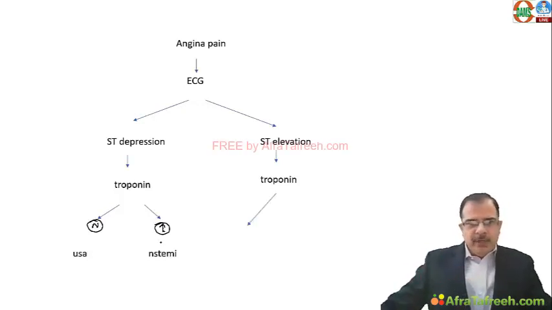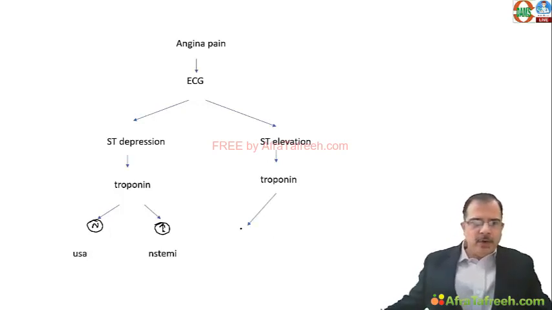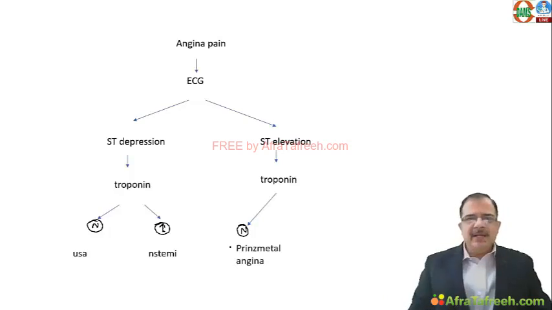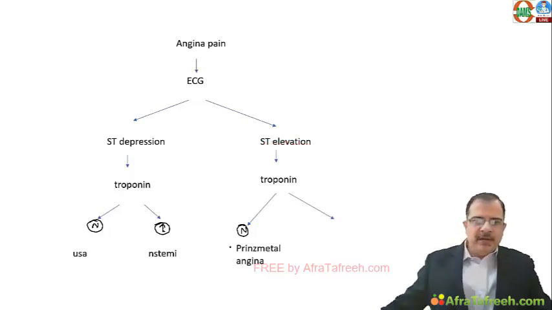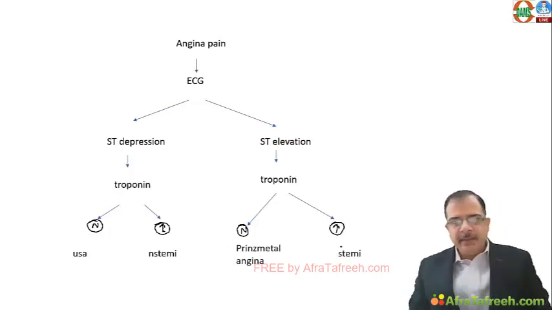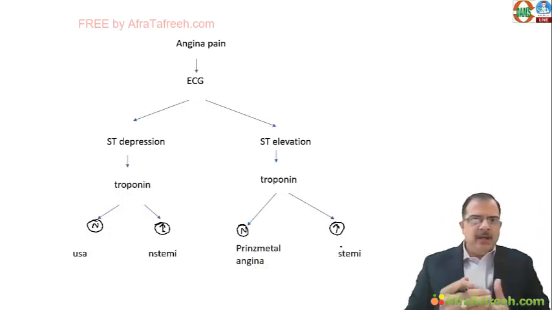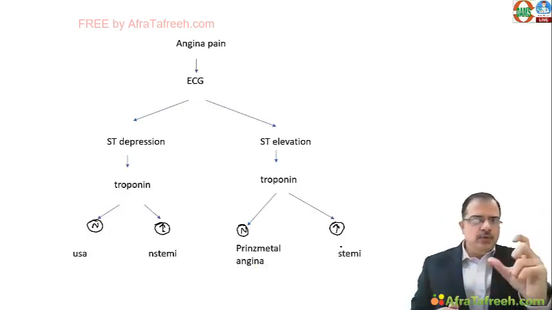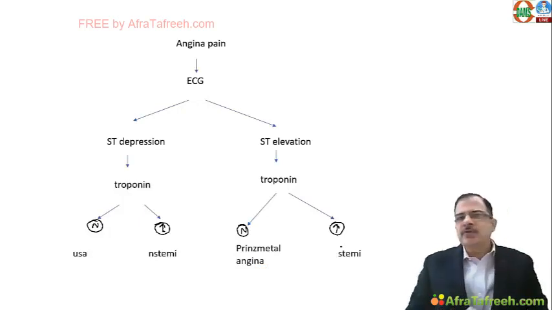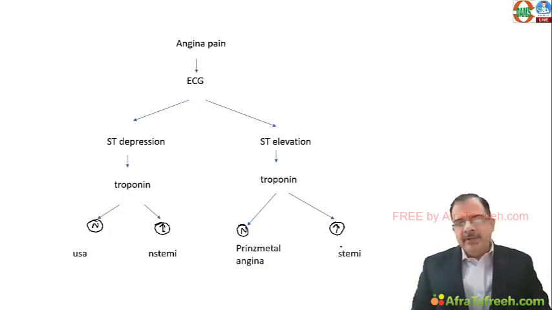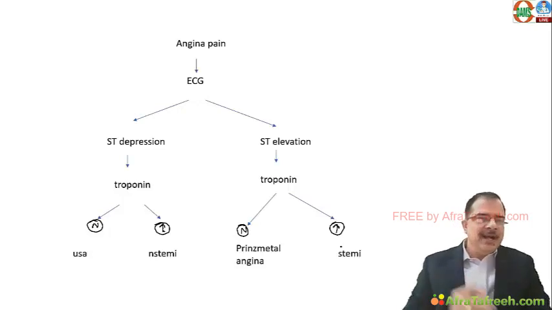While if troponin levels are normal in ST elevation condition, this is a case of Prinzmetal angina, and if troponin levels are elevated, this is ST elevation MI. So this is a very, very simple flow chart, but very useful for your exams to make an identification of the diagnosis of coronary syndromes or anginal pain.